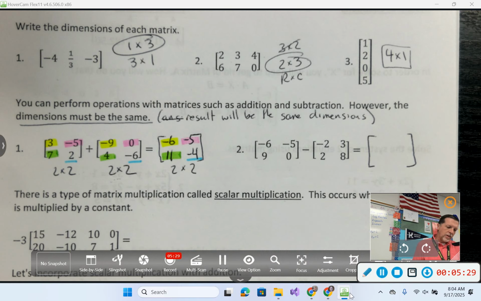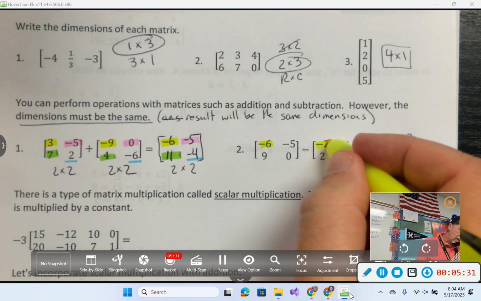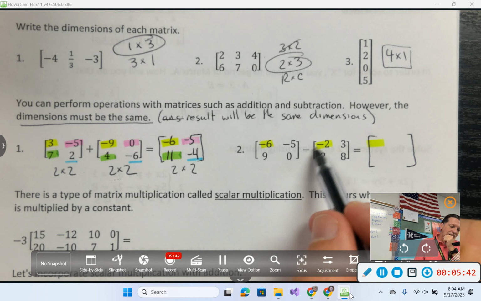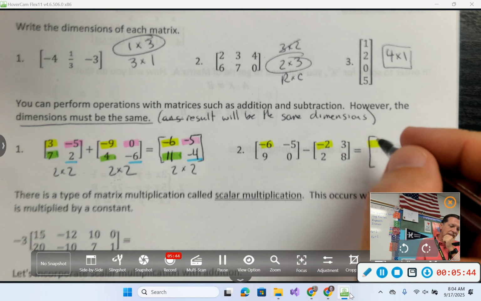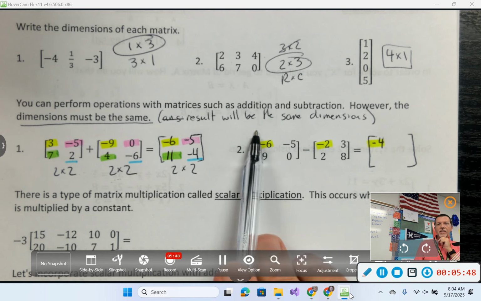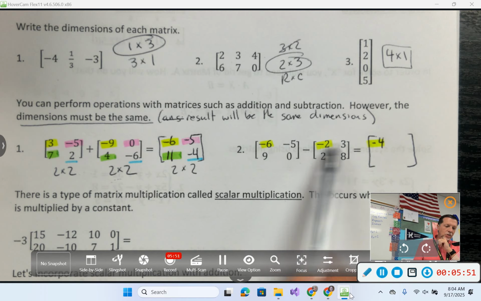I'll do the first one and I'll let you finish it off. Top left minus top left. What's that going to be? Minus the negatives. Yep. So that's going to be -4, because -6 plus 2 is -4.